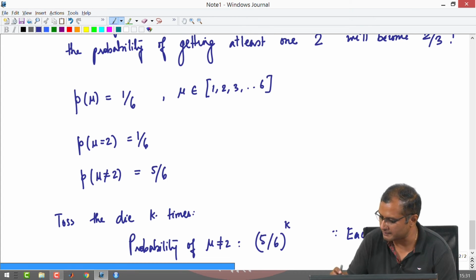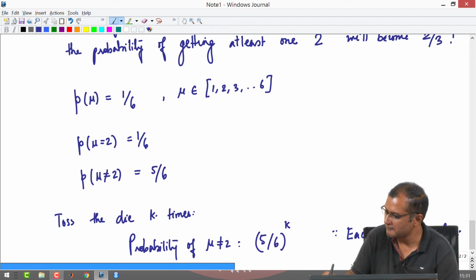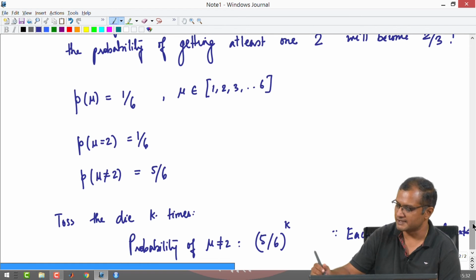The probabilities are multiplicative, so the probabilities just keep on multiplying.